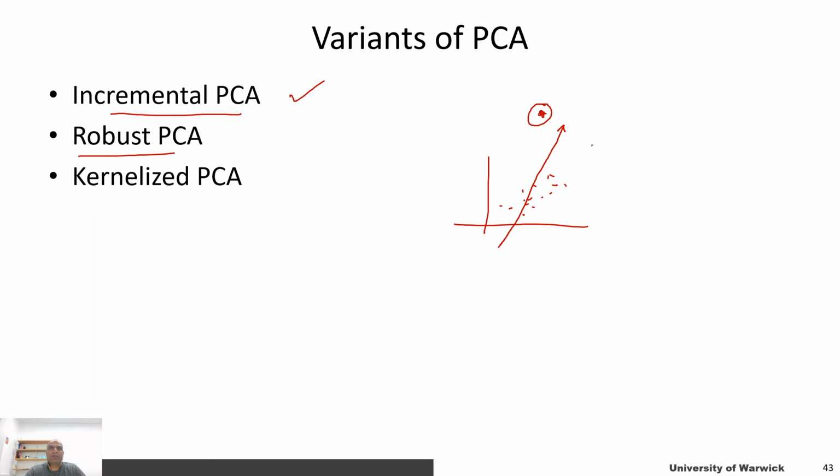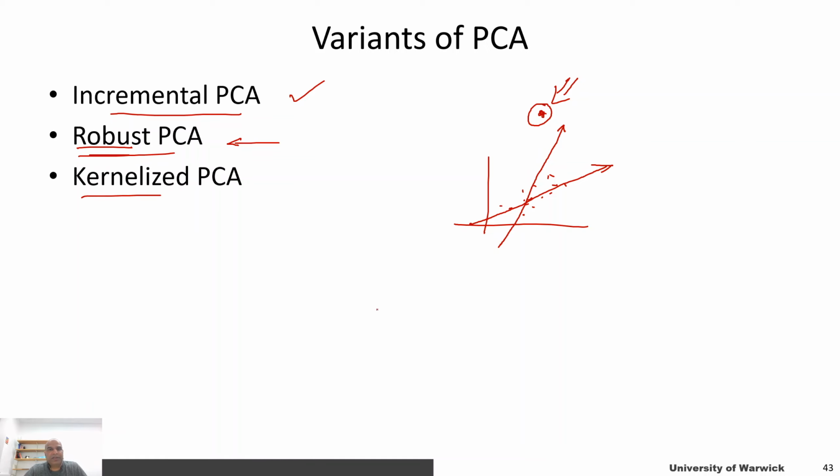So this is the problem with the original principal component analysis. Robust principal component analysis is the way of overcoming this problem so that we end up with this direction rather than paying too much attention to outliers. So if you suspect that your data may have outliers, use robust principal components, and I'll be posting some resources on that.